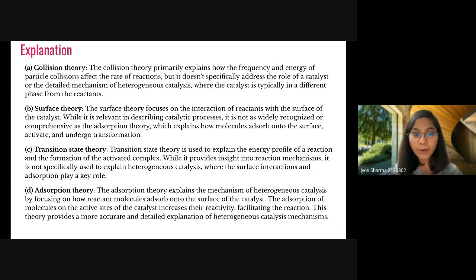If we are talking about the collision theory, then this theory explains how the frequency and energy of particle collision affect the rate of reaction, and this is not specifically addressing the role of catalyst, right? So this is not the right answer. Surface theory focuses on the interaction of reactant with the surface of the catalyst.